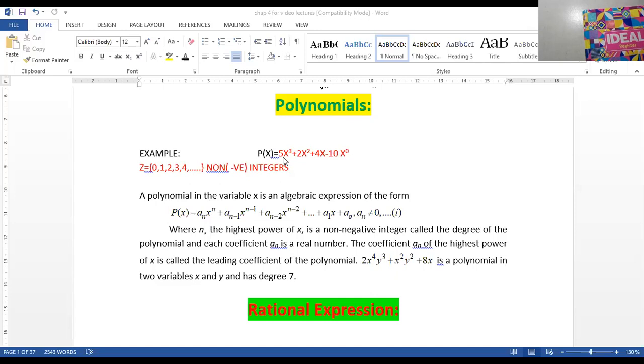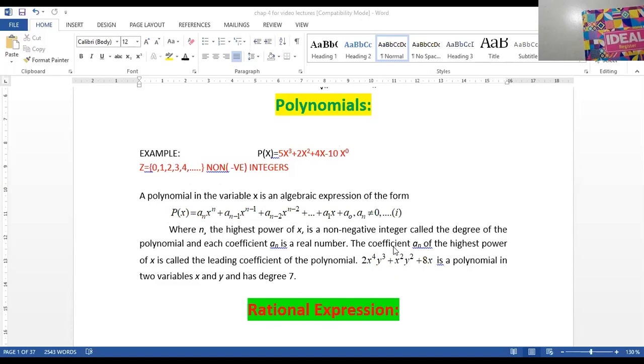Like in the above example, 5 is the coefficient of x^3. So 5 is actually a constant, but it is also called the coefficient of x^3. 2 is the coefficient of x squared, 4 is the coefficient of x, and minus 10 is the coefficient of x to the power 0. So all these numbers are constants, and we rename them as the coefficients.